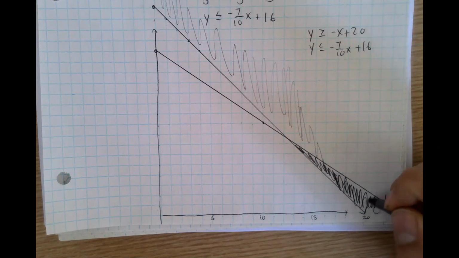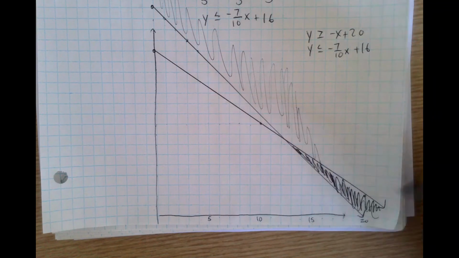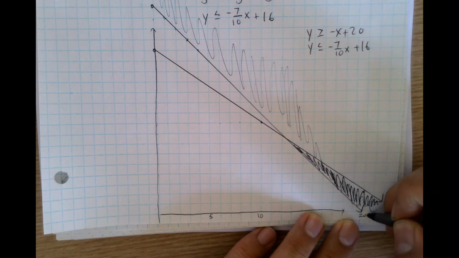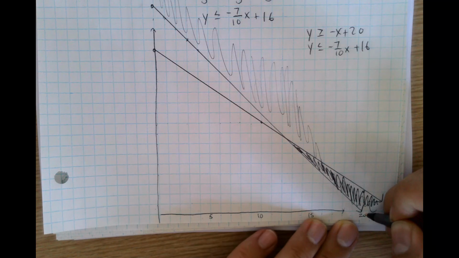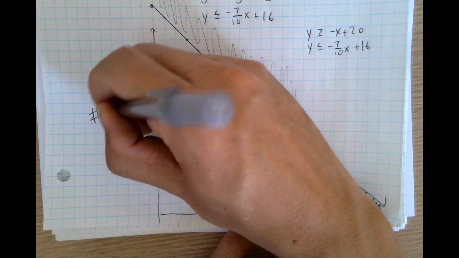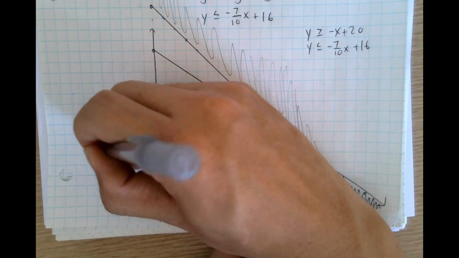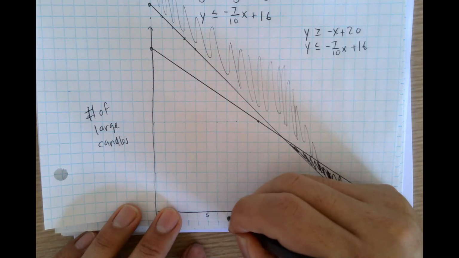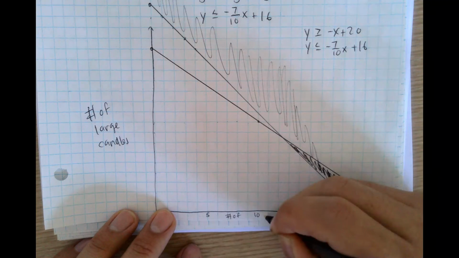So if you look at this, you can see here that at 20, there are values for y that are in the shaded area, right? The left-hand side is talking about number of large candles, and the bottom is talking about number of small candles.